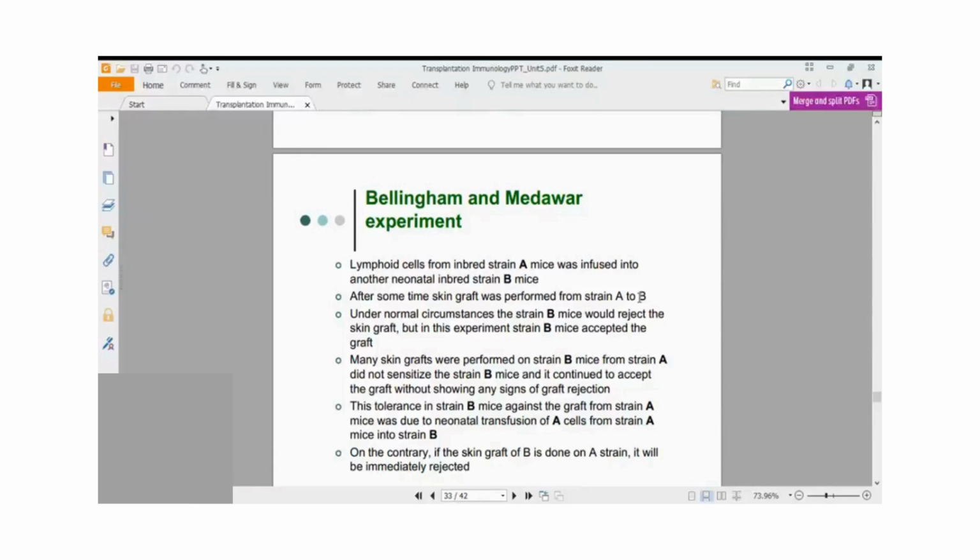Therefore, a pregnant woman has to take utmost care not to expose the fetus to any bacterial antigens if they can diffuse through the placenta. If those antigens go through the placenta, the fetus will develop tolerance to those antigens.